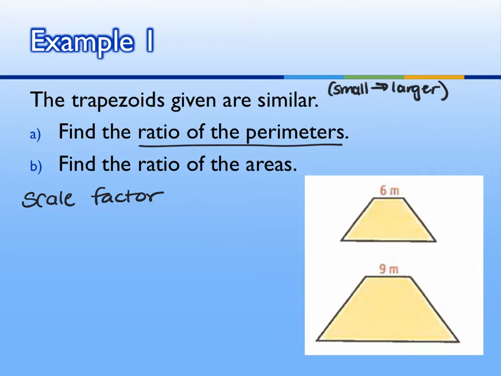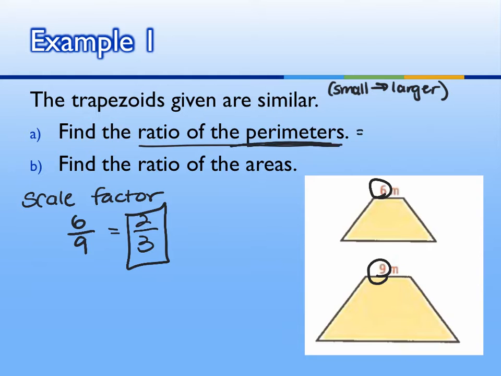of these trapezoids is 6 to 9, because those are the sides that match, then you want to see, is that simplified? So can I simplify 6 to 9? Yeah, right? 3 goes into both of those, and it would be 2 to 3. So this is the scale factor. 2 to 3 is the scale factor of that smaller trapezoid to the larger trapezoid, which means the ratio of the perimeters is going to be the same, 2 to 3.